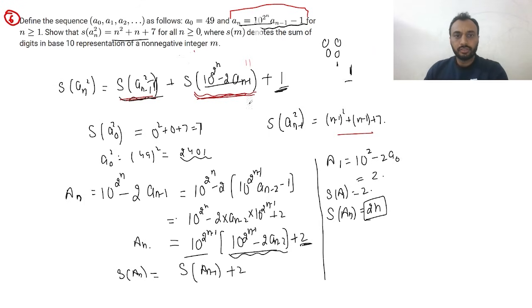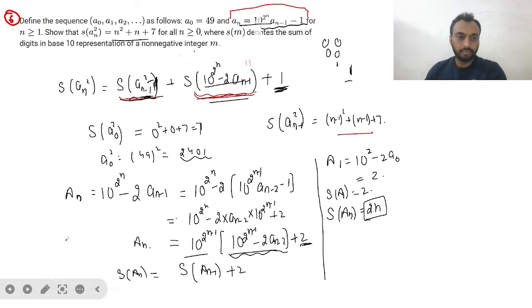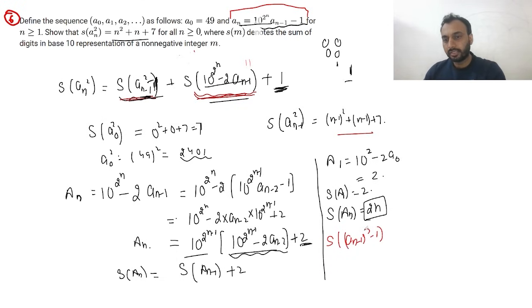Now if we put these values here, what is a_{n-1} squared? We have a_{n-1} minus 1 also. So I can also say one thing, that the sum of digits of a_{n-1} squared minus 1 is the same as the sum of digits of a_{n-1} squared, minus 1.